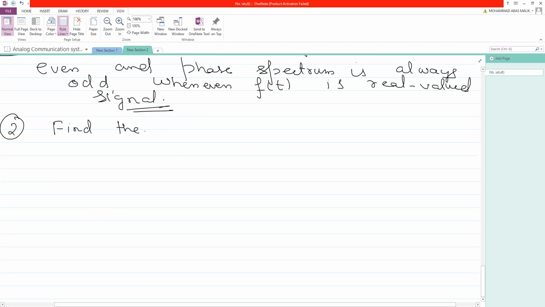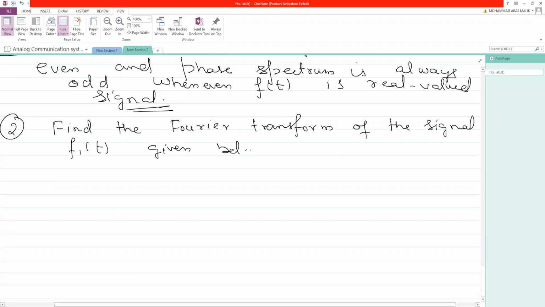Find the Fourier transform of the signal. Let this be f1 of t given below. So the signal is like this.